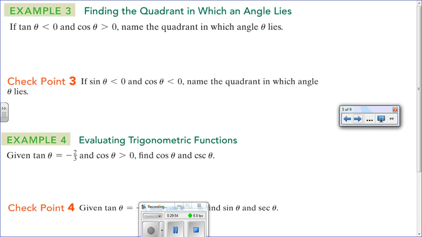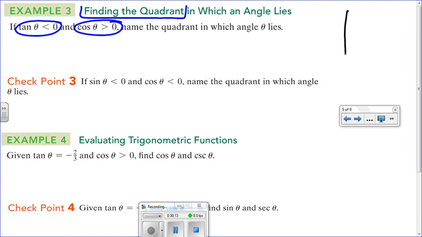You have to actually find the quadrant of the terminal side of the angle. We're going to use the information given here and here. First, let's practice how to construct our little symbol helper. The y is positive in quadrants 1 and 2 and negative in quadrants 3 and 4.